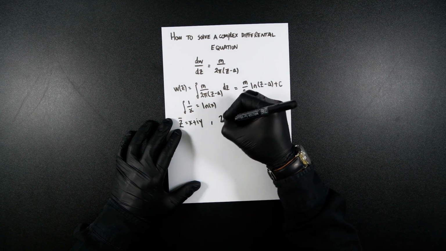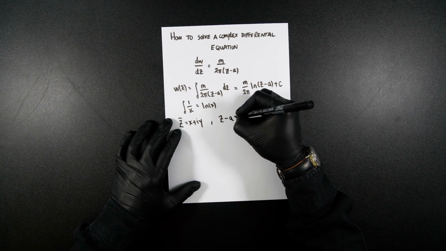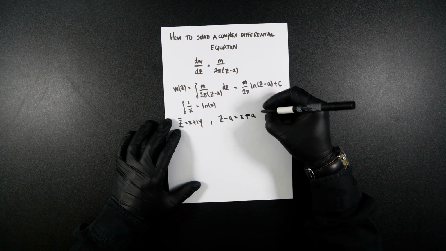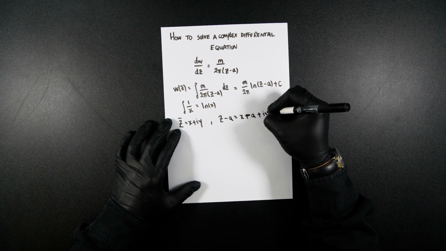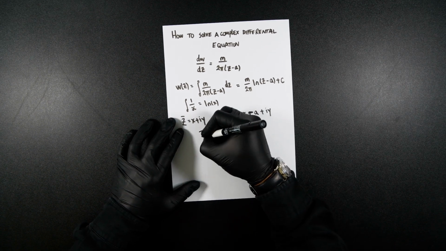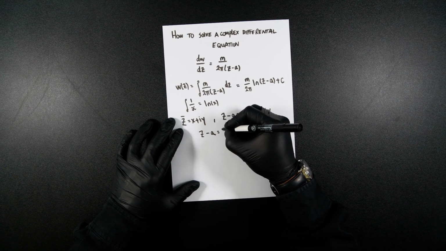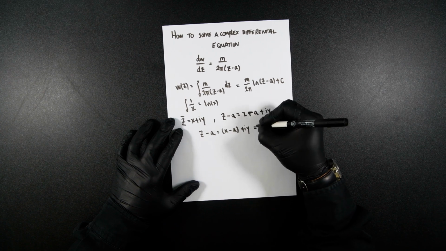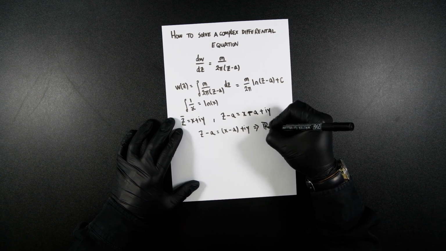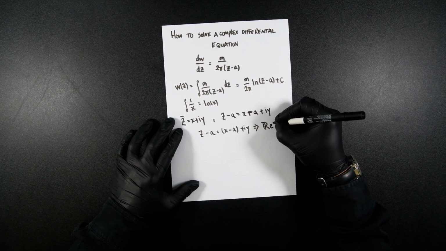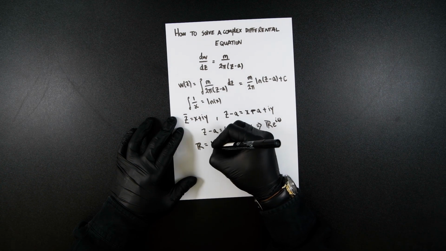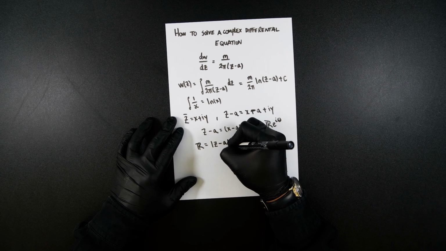And we know that z minus a would equal x minus a plus iy, which is the equivalent to the real term r multiplied by the exponential to the power of i theta, where r is the magnitude of z minus a.